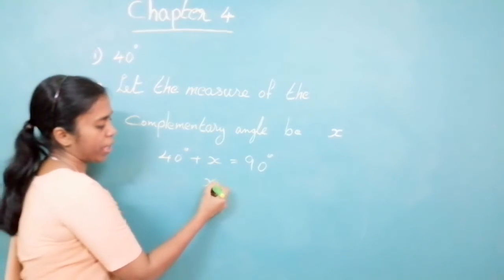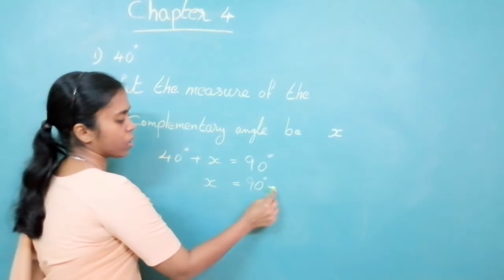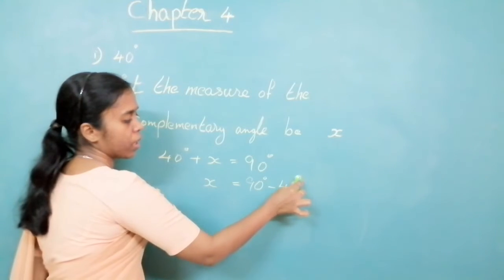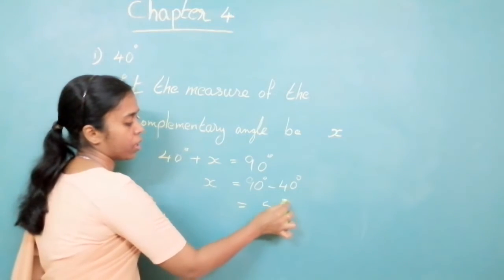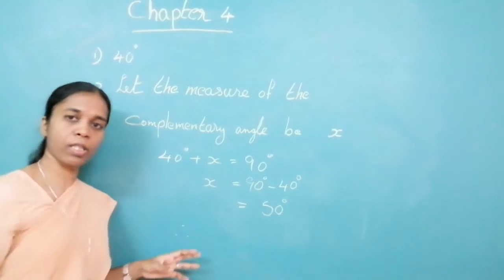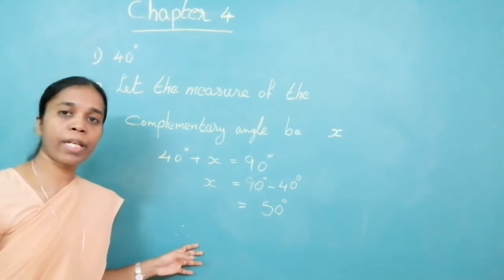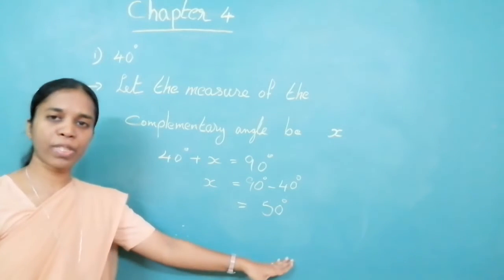Therefore, how much is your x? x is equal to 90 degree minus 40 degree. 90 minus 40 is how much? That is 50 degree. Therefore, you have to write a concluding statement over here. Therefore, the complementary angle of 40 degree is 50 degree.